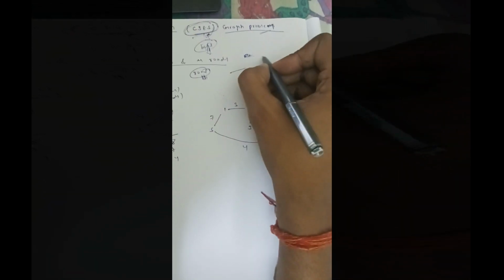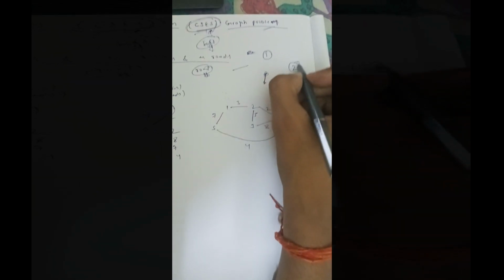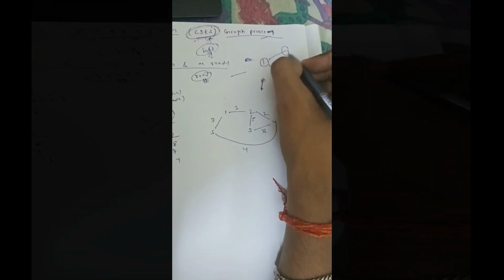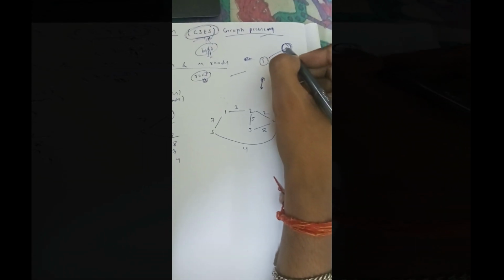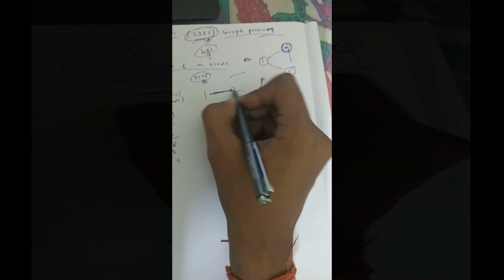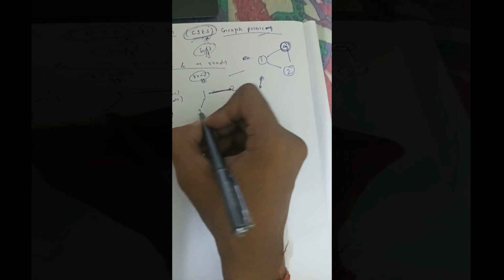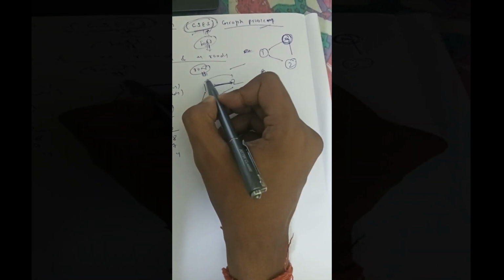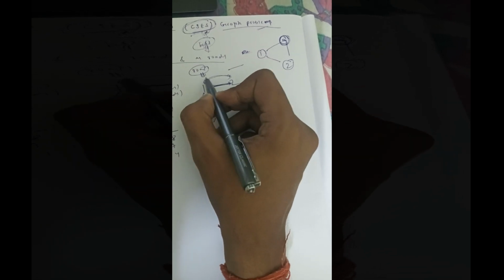I mean there should be a connection from one city to another, doesn't matter whether it is direct or goes via other edges. Just suppose I have to go from 1 to 2, then there should be a direct 1 to 2 edge. Another possibility is that it goes from 1 to 3, then 3 to 2. Then there is a possibility of traveling from 1 to 2.